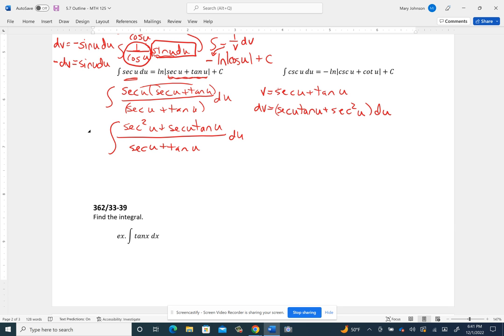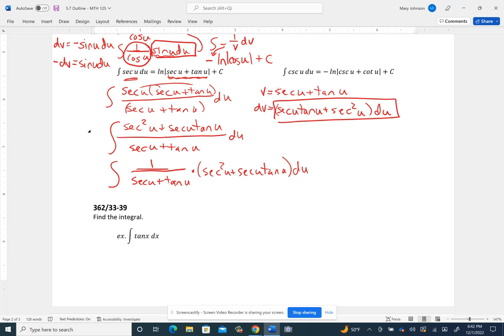Now, when I look at the problem and I analyze it, I see, oh, this works out great because here I have 1 over secant u plus tangent u. And then right here is the secant squared u plus secant u tangent u times du. See right there.